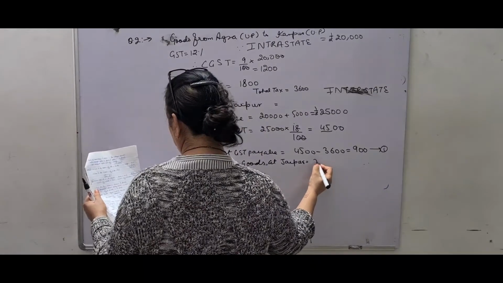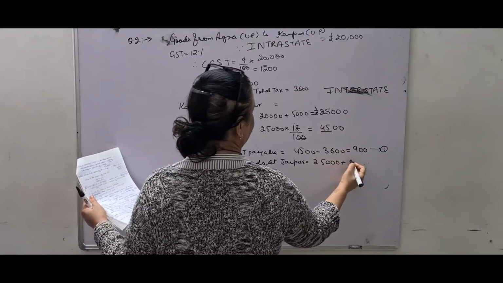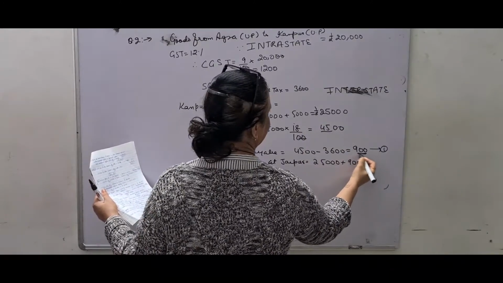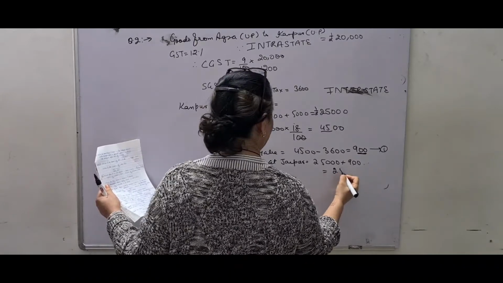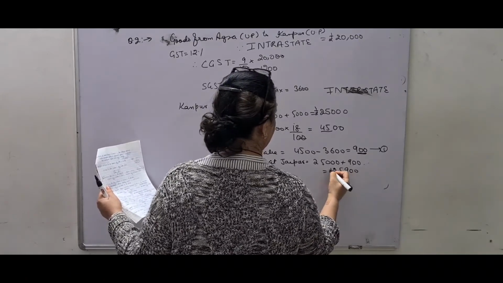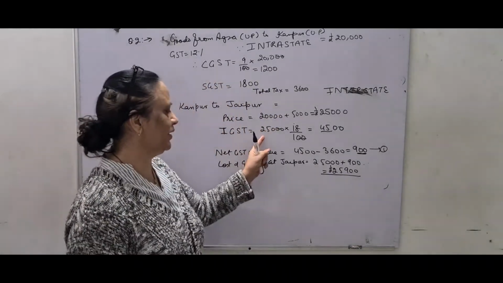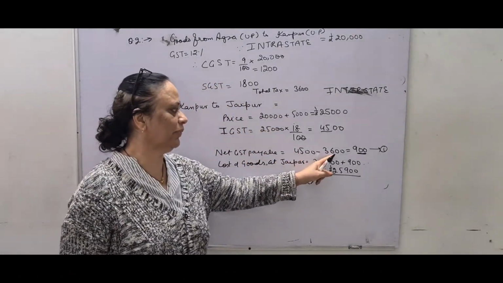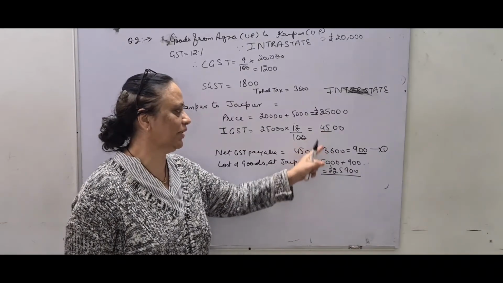So this will be 25,000 was already there and 900 was the difference. So you add this difference. 25,900 is the price at Jaipur after paying the tax, because he got the tax liability. His tax was 4,500, but he had already paid 3,600.